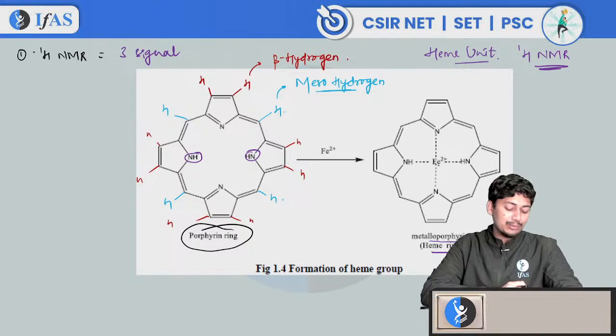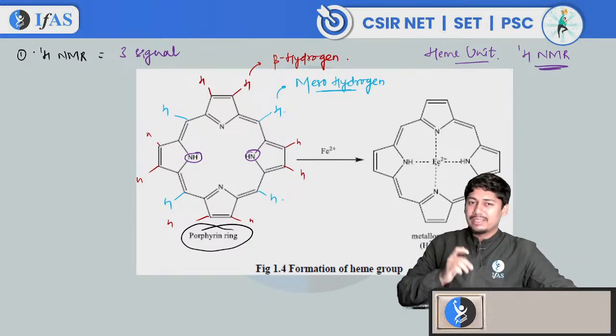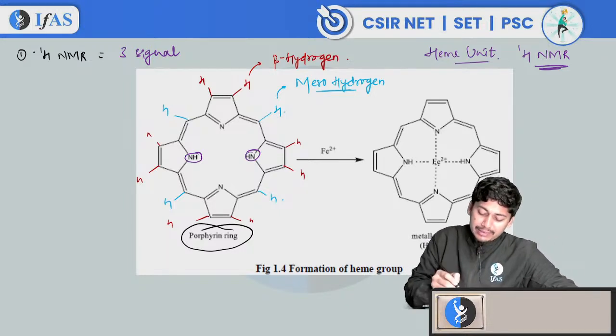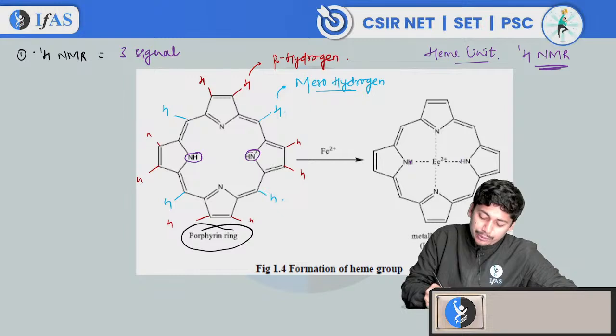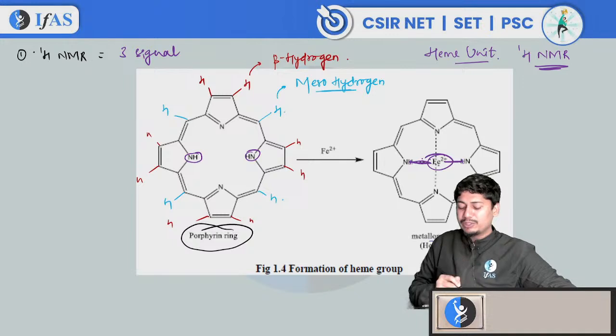Brilliant guys, brilliant. So you will observe only 2 signals now, because you can see that this hydrogen vanishes, so that it can coordinate with your iron.